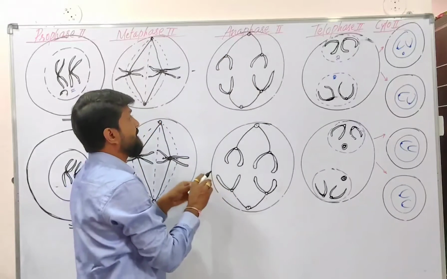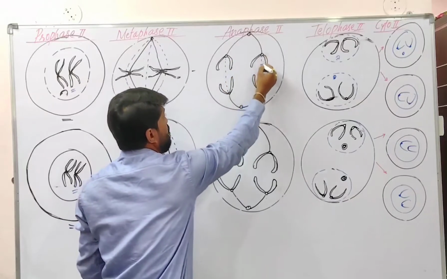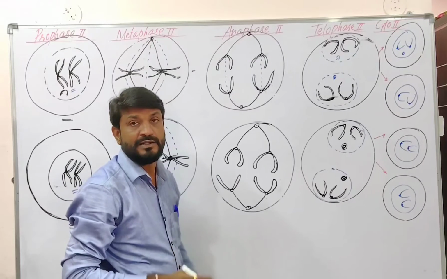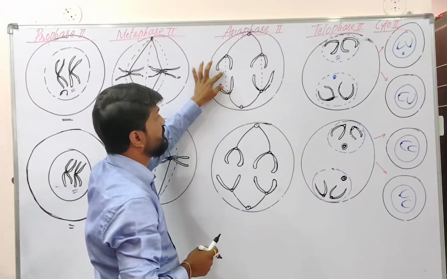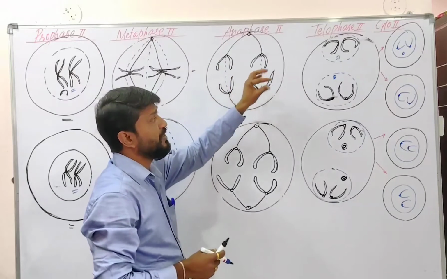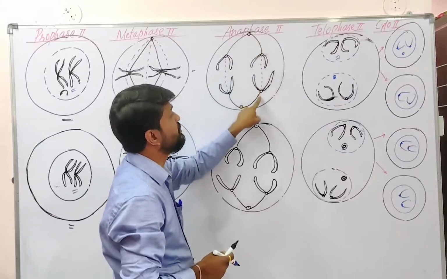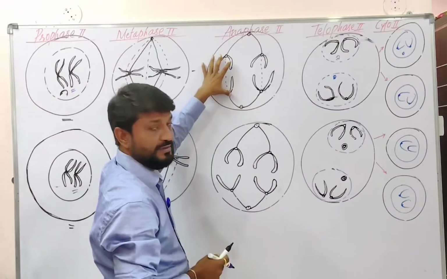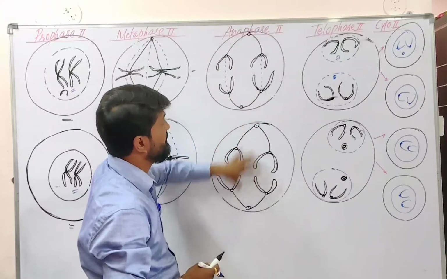Okay. Again, the second type of fiber, which arises in between two centromeres, is the interzonal fiber. Okay. That interzonal fiber will now elongate, and there will be shortening of the chromosomal fiber, and in this way there will be movement of chromatids toward the opposite poles.